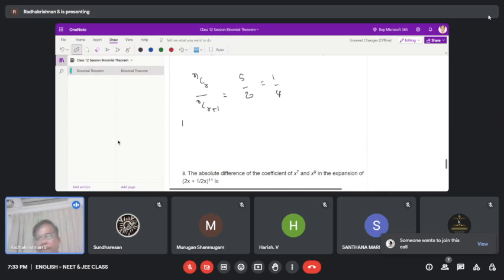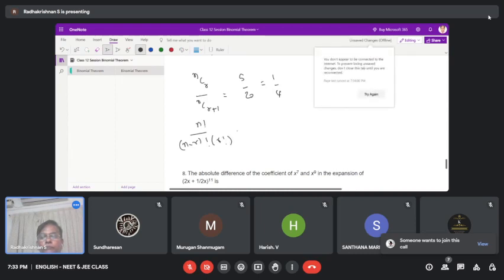You write in the same way. n factorial by (n minus r) factorial. I will straight away write it in the inverse. So n factorial here, and here it is going to be r plus n minus r plus 1, which is n minus r minus 1.